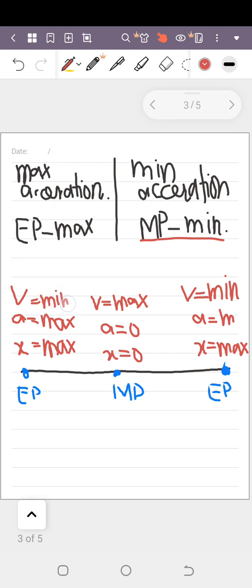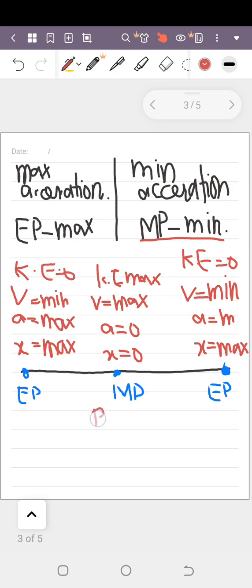Let me give you another concept too. At the mean position the kinetic energy is maximum. The velocity is maximum, so kinetic energy will also be maximum because kinetic energy and velocity are directly proportional to each other. At the extreme position the kinetic energy is zero.